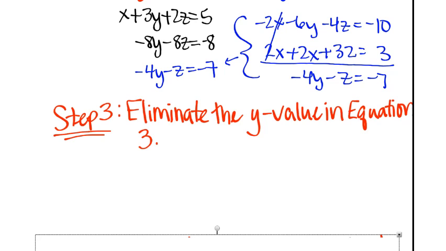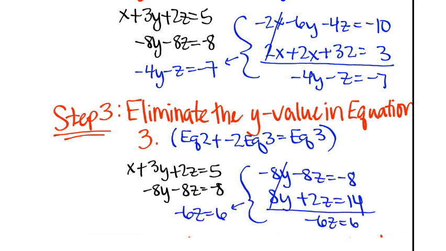Next we want to eliminate the y term in equation 3. To do that, I can leave my second equation the same, and then add to that negative 2 times equation 3 for my new equation 3. When we do that, the top two rows stay the same.